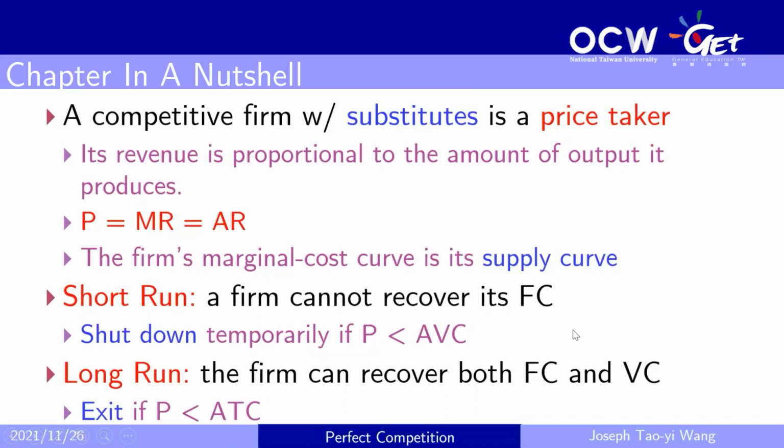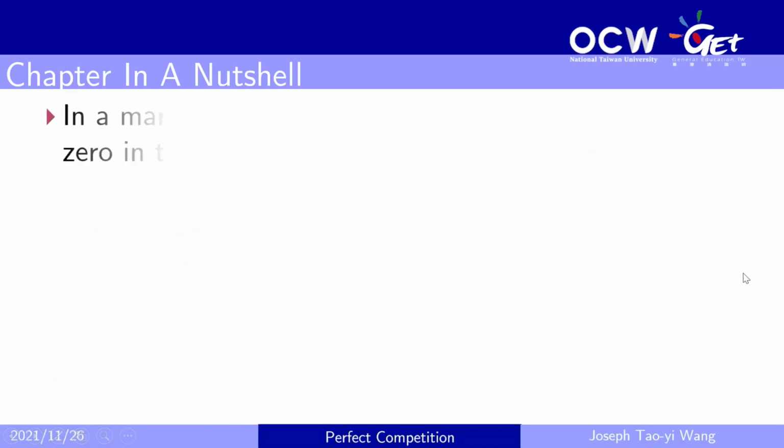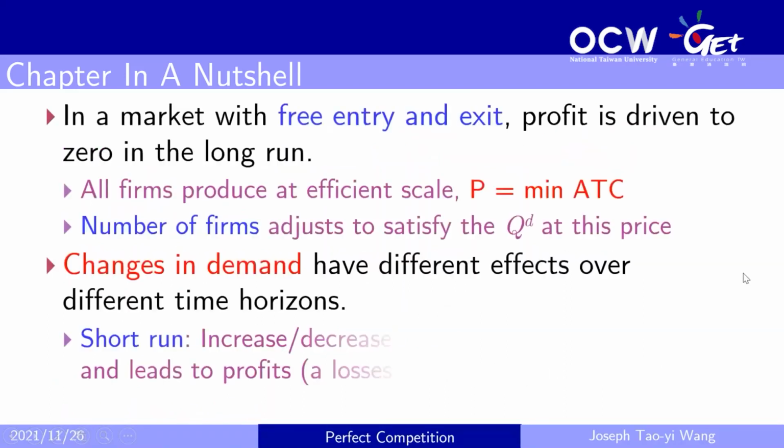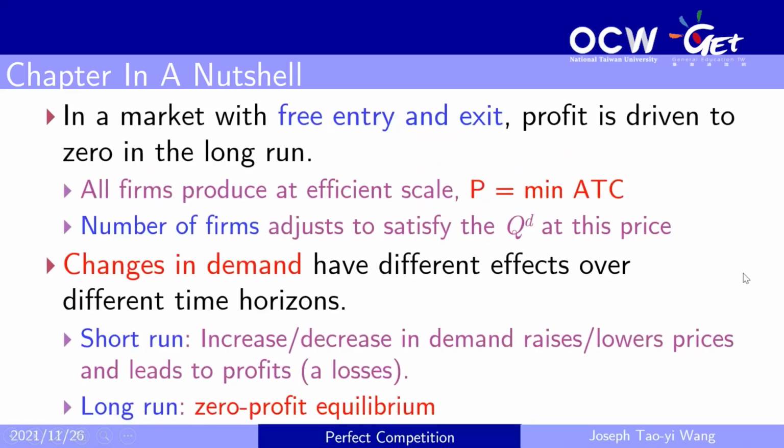In the long run, you would exit if the price is lower than ATC, because now there is no fixed cost that you cannot recover anymore. And under free entry and exit, you get zero profit in the long run. So all the firms would operate at the efficient scale, the lowest point of the ATC curve. And the number of firms will adjust to satisfy the market quantity demanded.